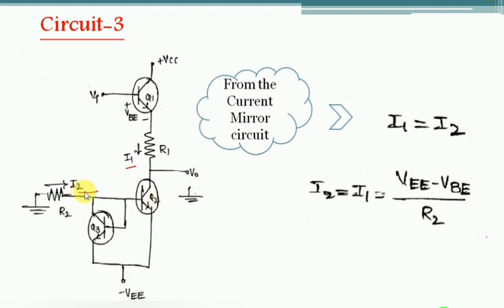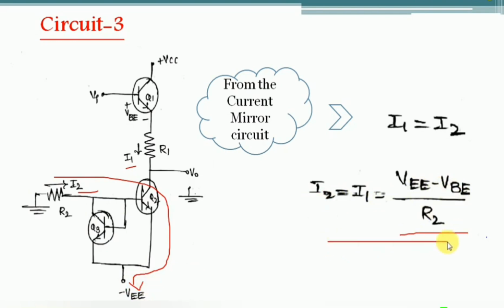The I2 value is VE minus VBE by R2. We perform some analysis at this point and directly apply KVL to this loop. We can obtain the current I2 as VE minus VBE by R2.